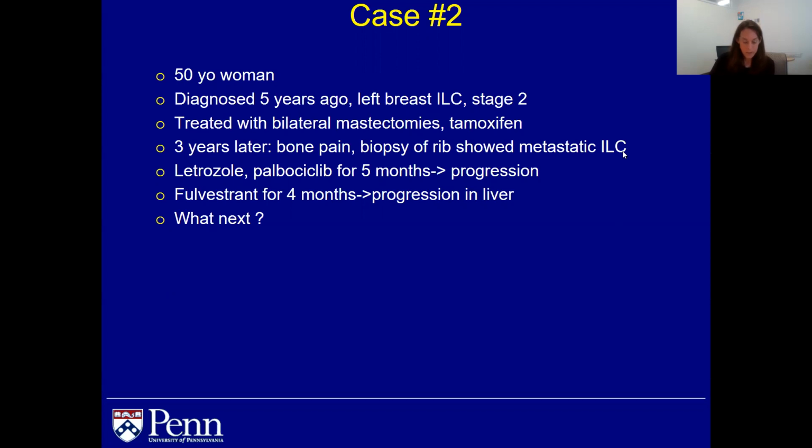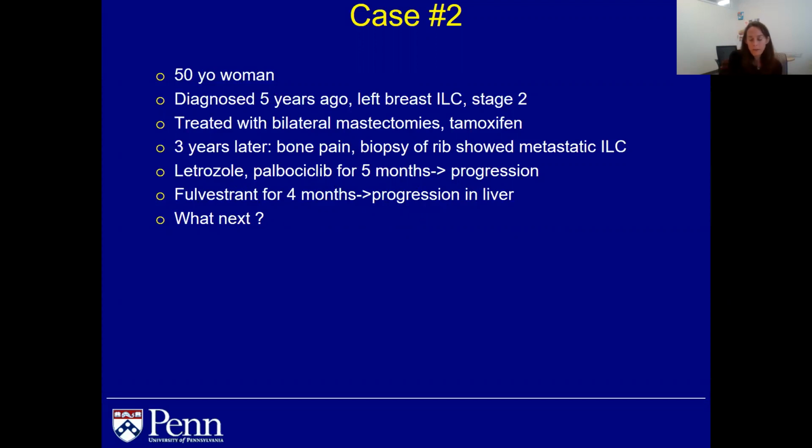So she started letrozole and palbociclib after getting her ovaries out. And she was on that for a relatively short time before she had, unfortunately, progression of her cancer. So this treatment was not effective for her. And the next treatment that was attempted was fulvestrant, which again only worked for 4 months until there was progression of disease in the liver.